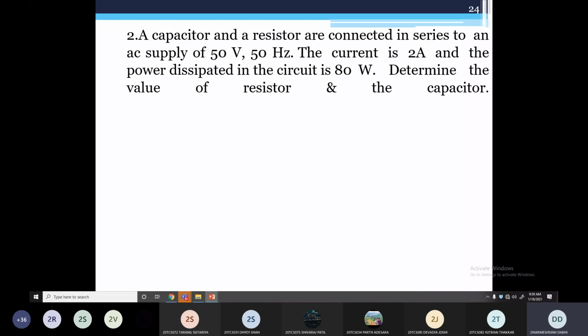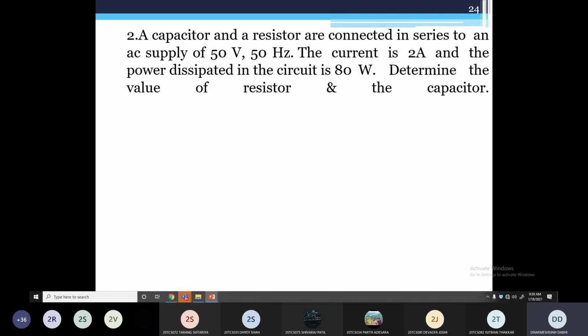Supply voltage V is given, that is the RMS value, 50 volt. Frequency is given, current is given, 2 ampere. Power is given. Power dissipated in the circuit means active power is given, because power is only dissipated in the resistor. Clear? So that is the active power P, that is 80 watt.